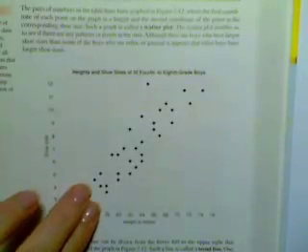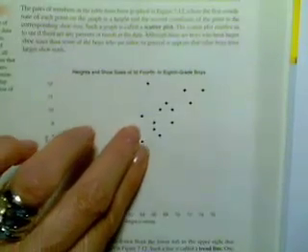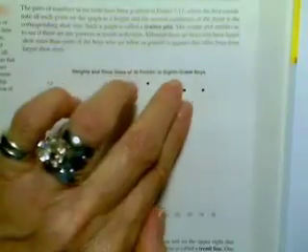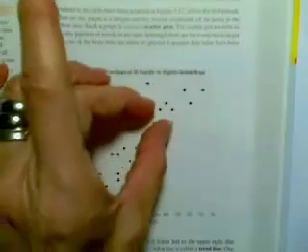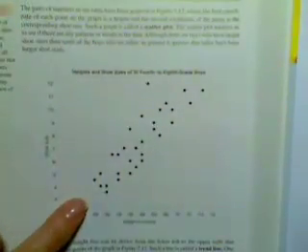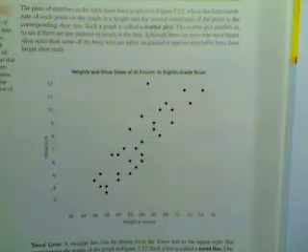If the trend of the data is increasing like it is here and it's clustered close together, we say that there is a relationship between the height and the shoe size of 8th grade boys.